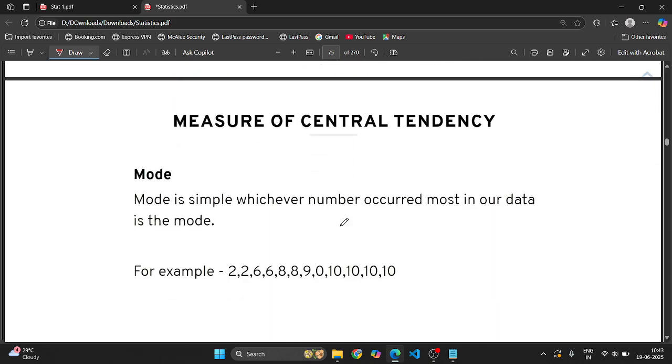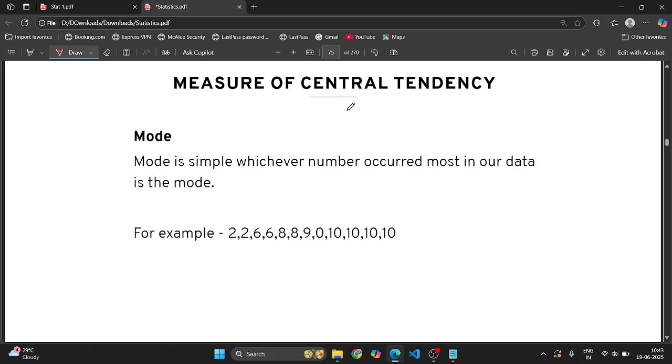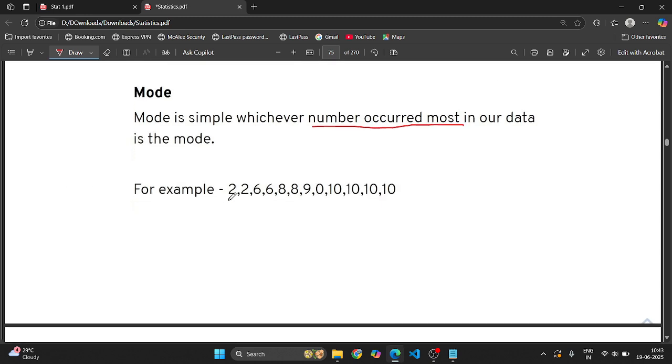Okay. Now the next measure of central tendency is the mode. Mode is simple. Whichever number occurred most in our data is the mode. Like in this case, 2 is repeating how many times? 2 times. 6 is repeating how many times? 2 times. 8 is repeating how many times? 2 times. 9 is repeating how many times? 1 time.